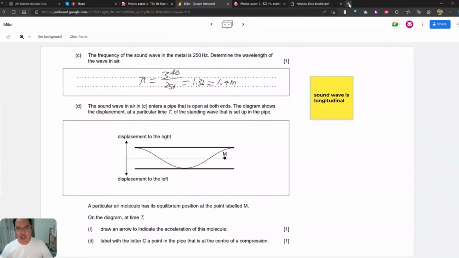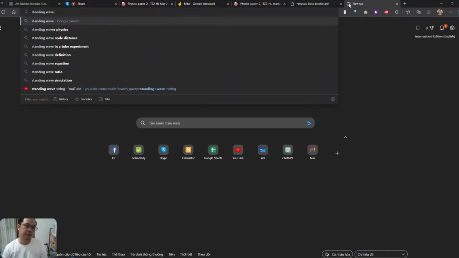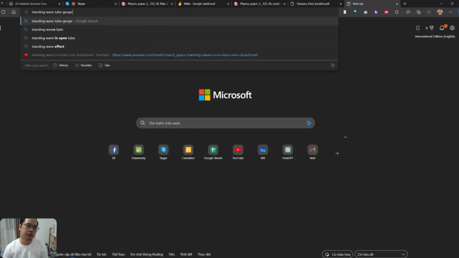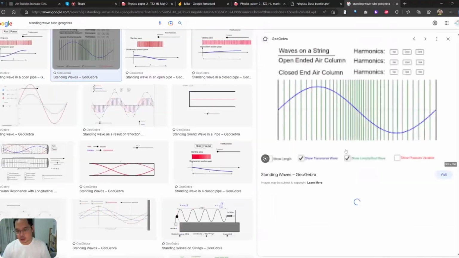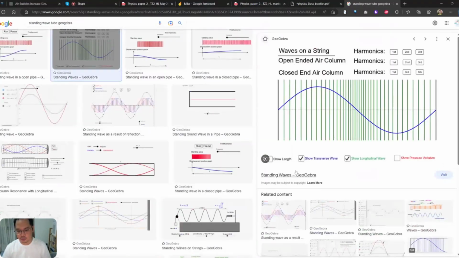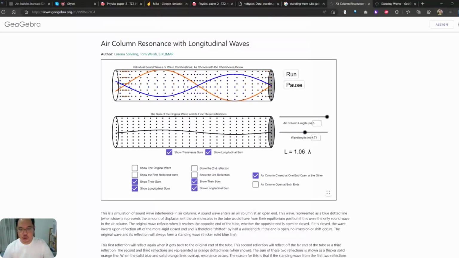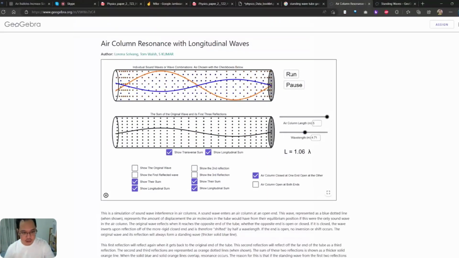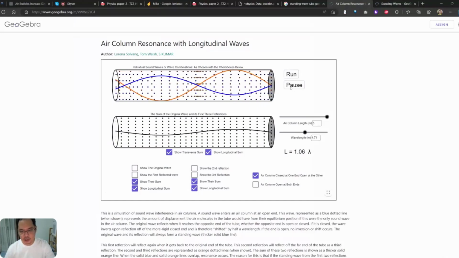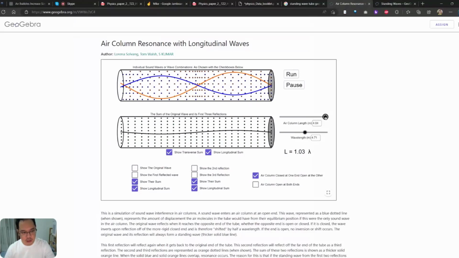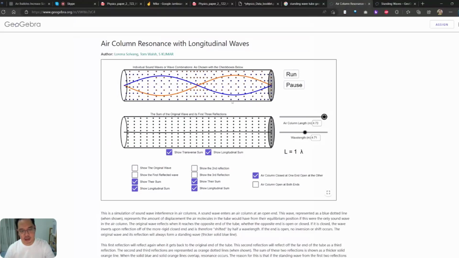I'll show you that standing wave, in GeoGebra. Let's see if we have two open ends. We have two open ends. Run. I need to change the length of the pipe so that it makes the third harmonic of standing wave, like this.